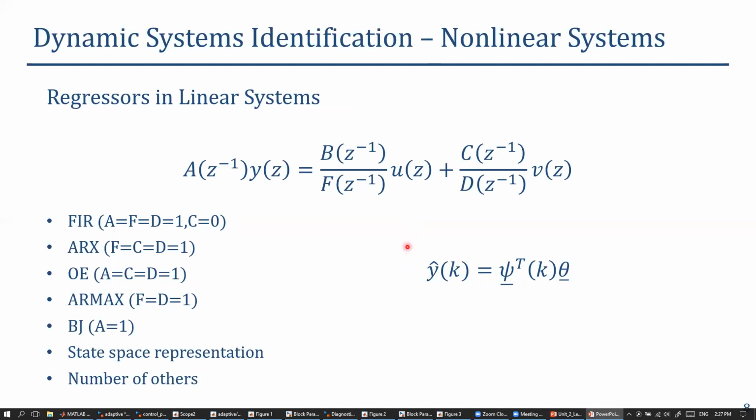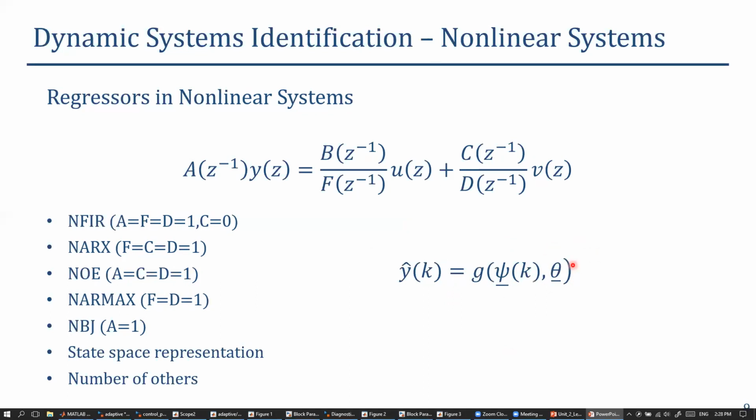Now, the prediction equation for the linear system was like we had the regressor vector multiplied by some vector of parameters. This represents a linear system. So the vector of regressors multiplied by the vector of parameters.